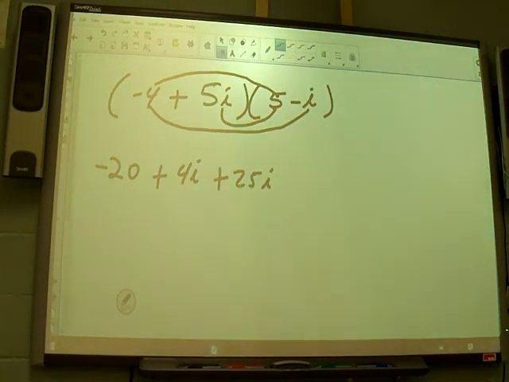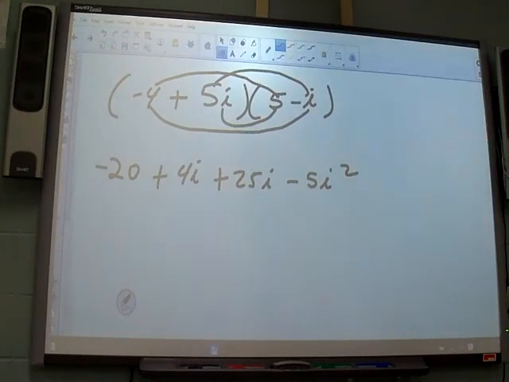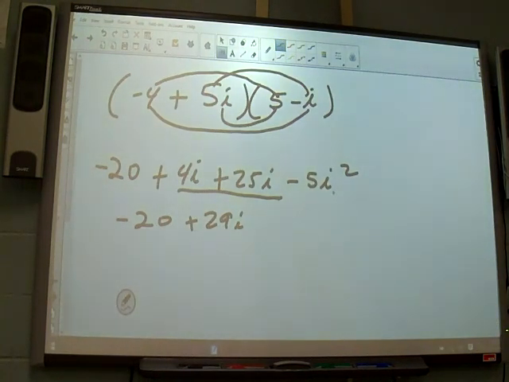5i times negative i on my last is negative 5i squared. Alright, so combine those like terms. That gets me 29i. Not many people remembered yesterday what i squared was the same as. Isn't it just negative 1? Very good.